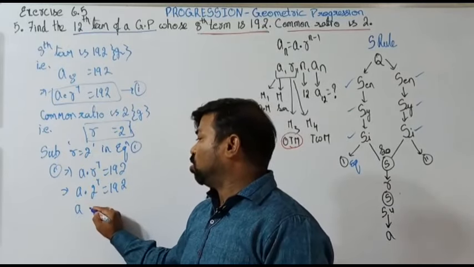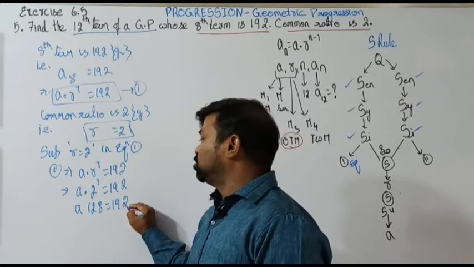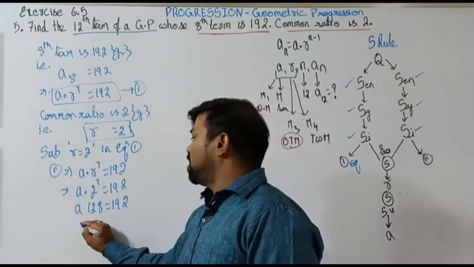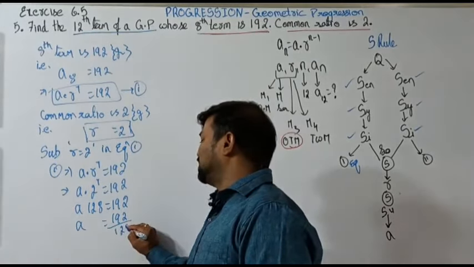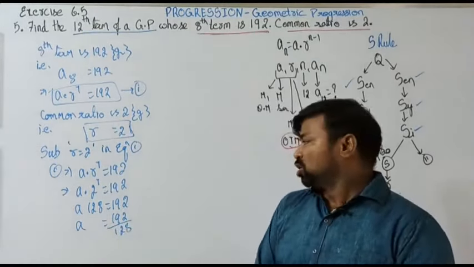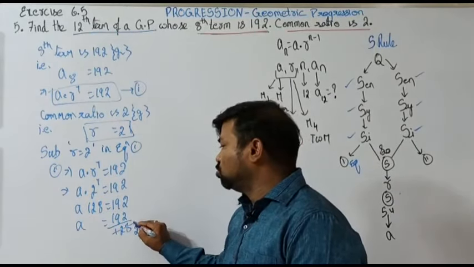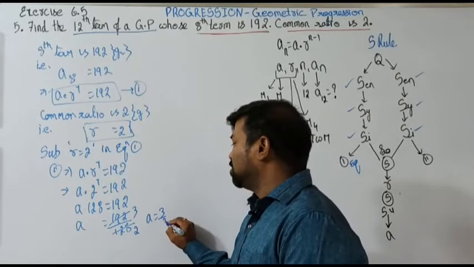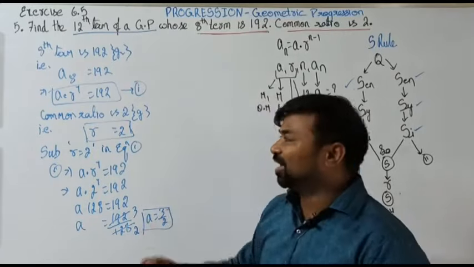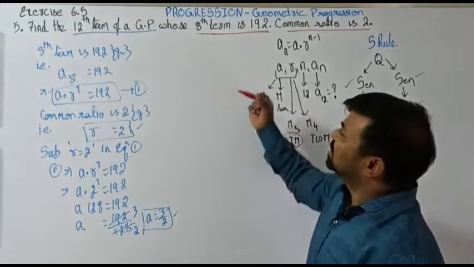As you all know, 2 to the power 7 is 128, so 128 A is equal to 192 and the A value is equal to 192 by 128. If you check it out, 64 2s and 64 3s, it is equal to 3 by 2. Okay, so we got the value of R and we got the value of A. Now what is asked?